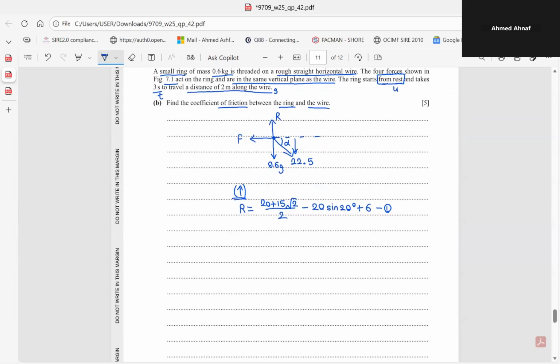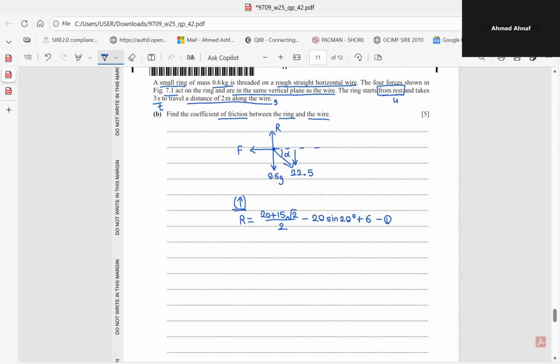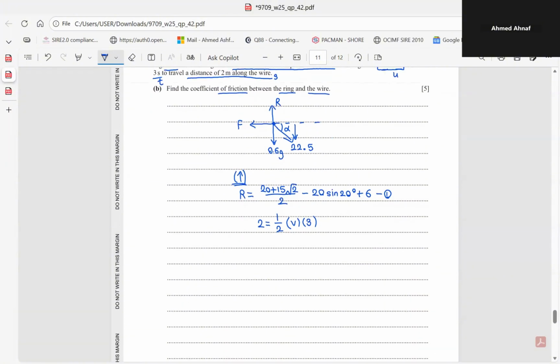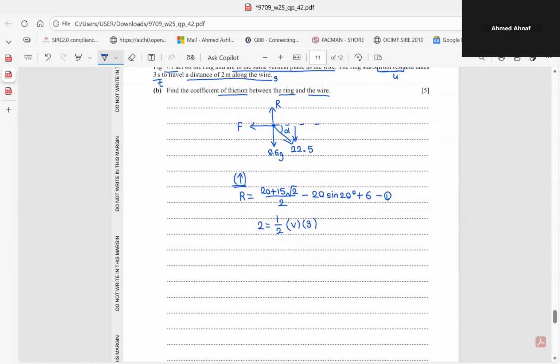Well, we can use s equals ut plus half at squared.